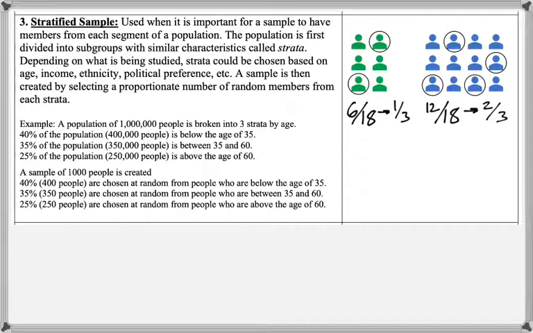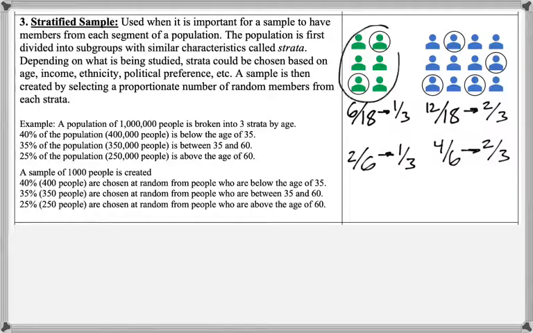So of the 6 people, 2 have to be green because that's 1/3, and 4 have to be blue because that's 2/3. And within those strata, the people are chosen at random.